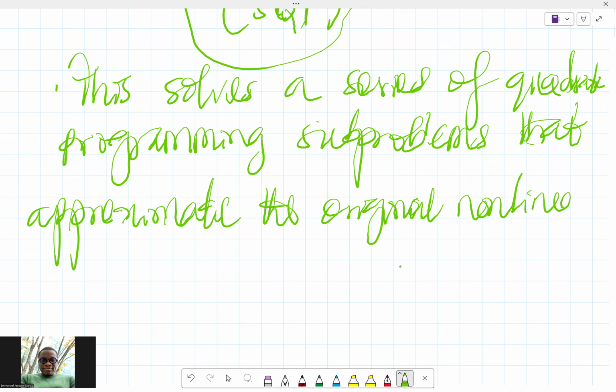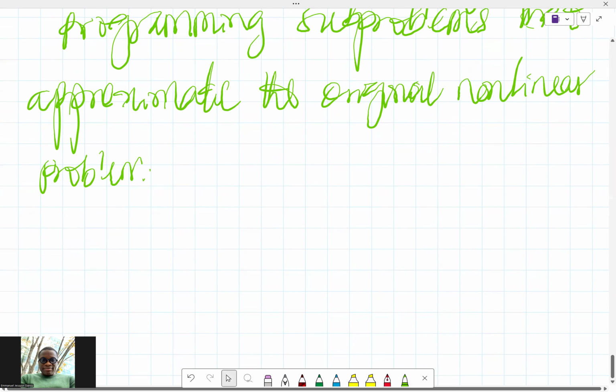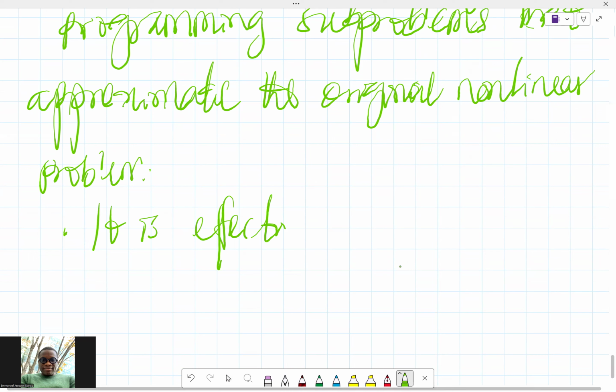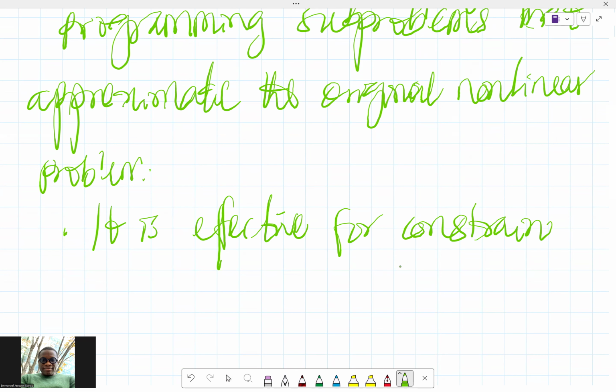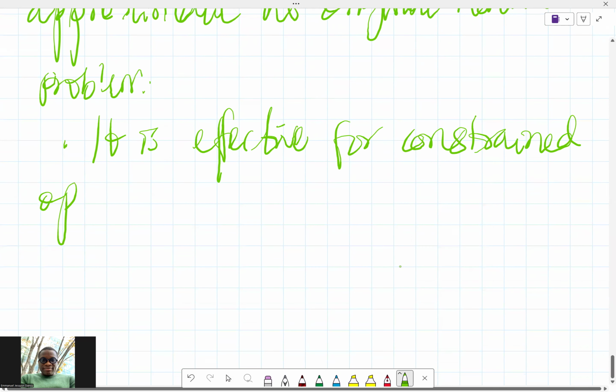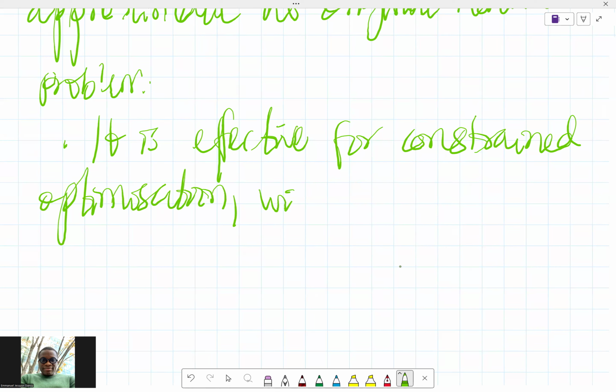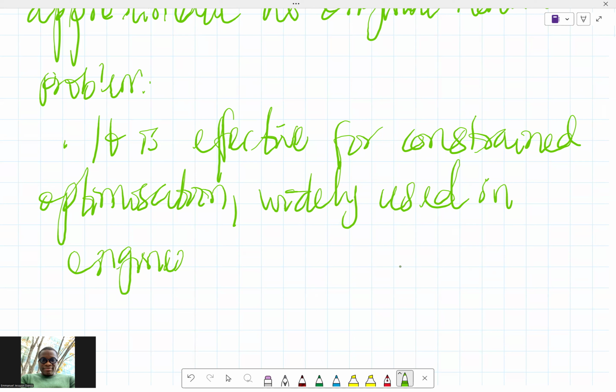It is effective for constrained optimization, widely used in engineering, design, and control systems.